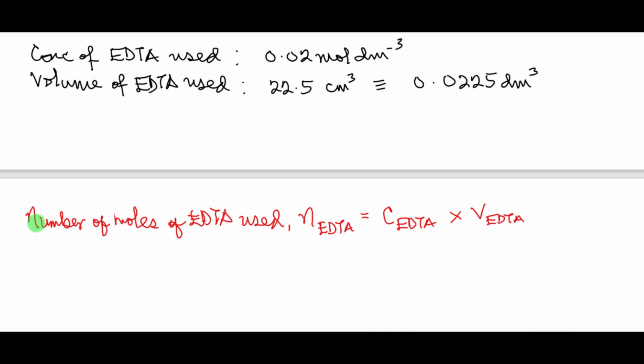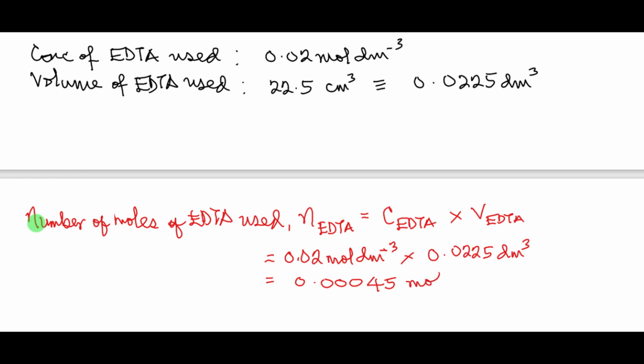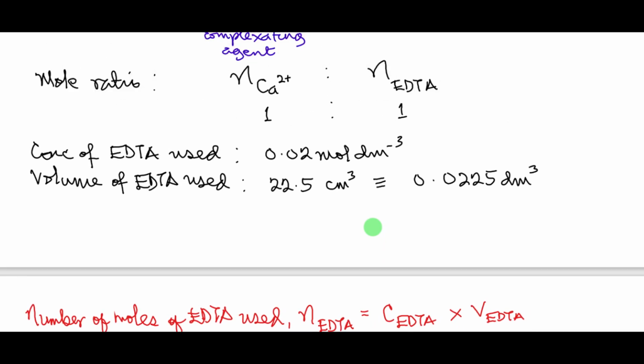If we substitute the values here, that will be 0.02 moles per dm cube times 0.0225 dm cube, and this will give us 0.00045 mole of EDTA. Good. So now coming back to our mole ratio.